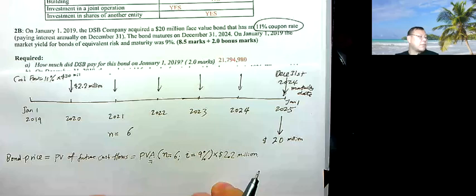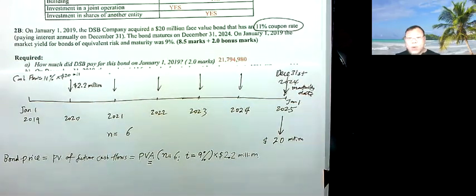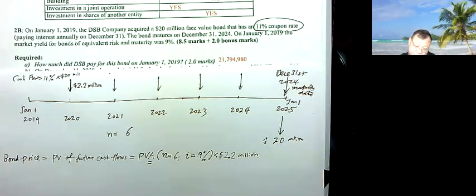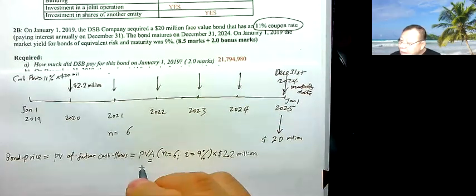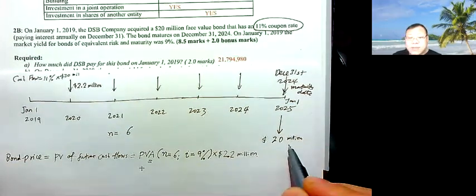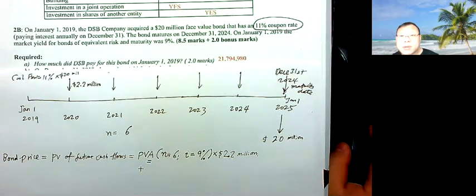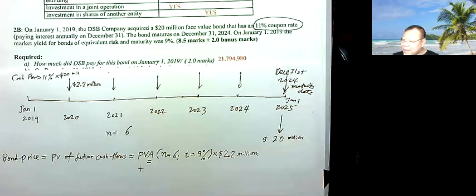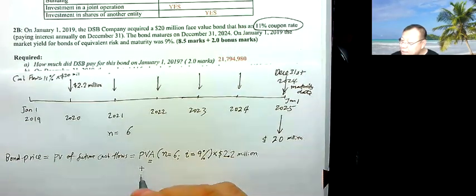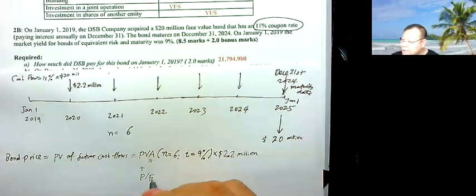That will be one part of it, and then I'm going to add this one-time lump sum payment. And then I'm going to get the discount factor.